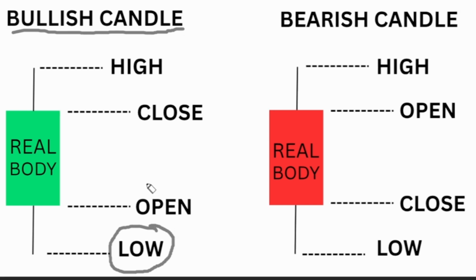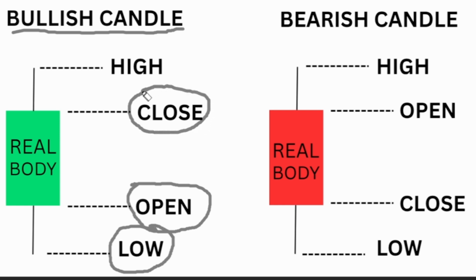Then the open is where the price started. The close is where the price closed within a certain period of time, and the high is the highest point the price ever reached in a certain period of time.